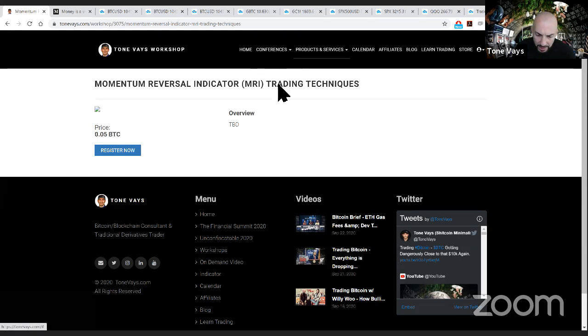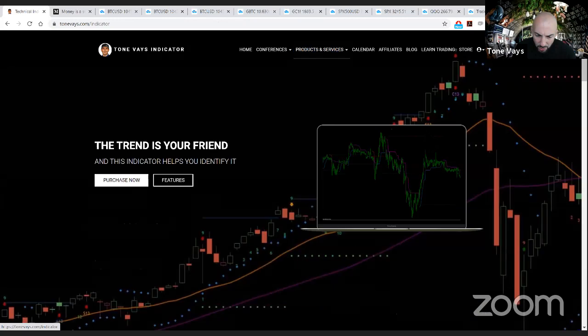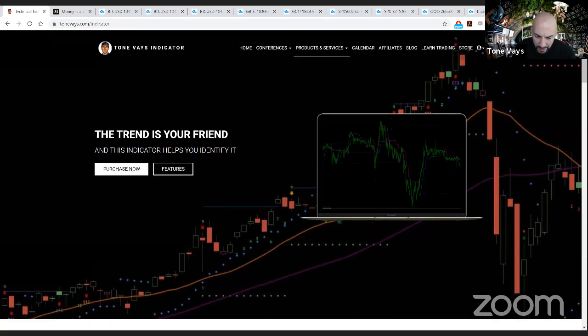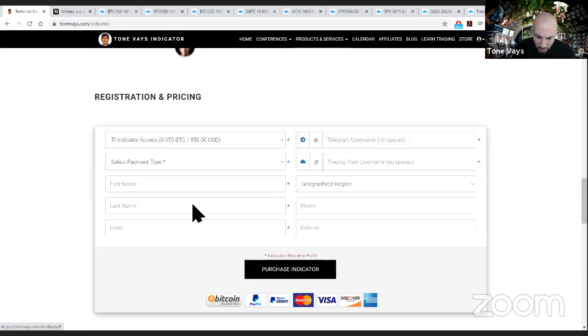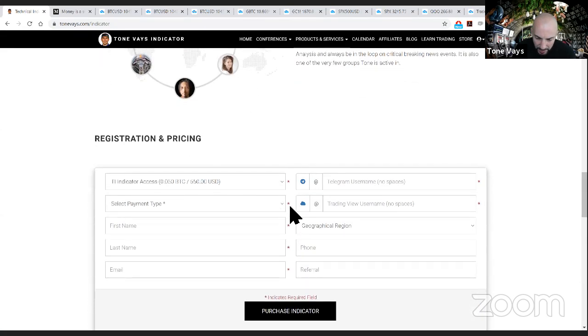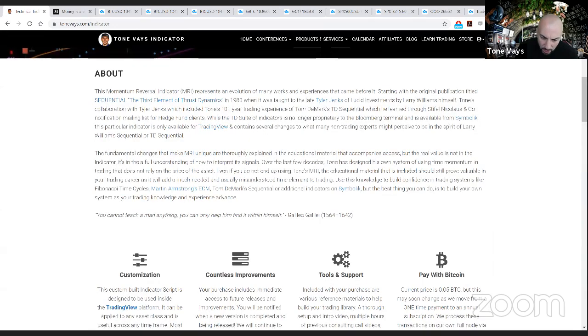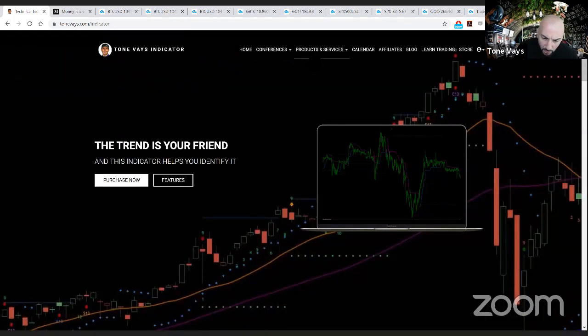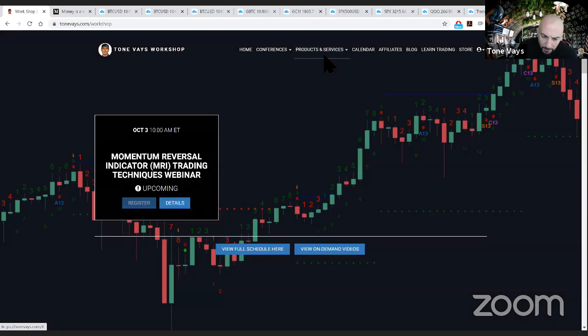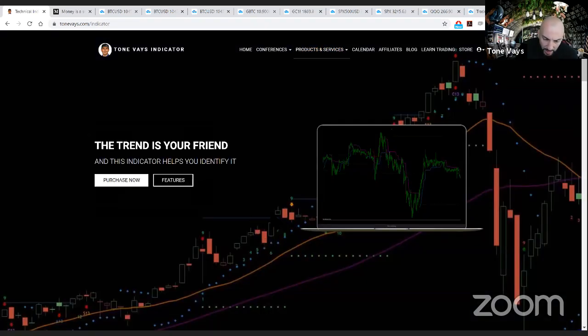The other thing I need to do is almost remove the indicator sales, because there's no point in buying the indicator right now, because for the same price, you can enter the webinar, which will get you the indicator. To avoid confusion, yes, access to MRI is provided with this workshop. And if you already have access to the current TI indicator, the old indicator, you will automatically have access to the MRI.